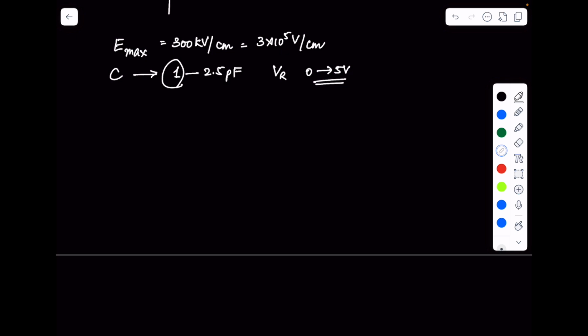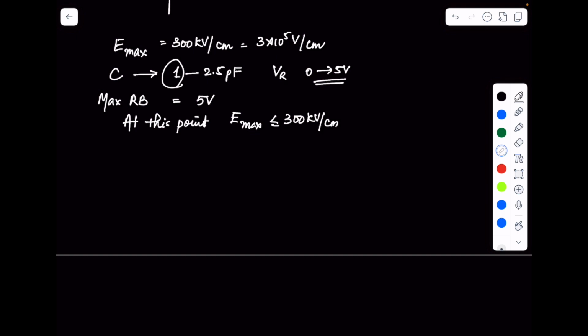So the maximum reverse bias I can apply is 5 volts. And I want to ensure that at this point my field should be less than the maximum electric field. So my Emax should be less than or equal to 300 kilovolt per centimeter.